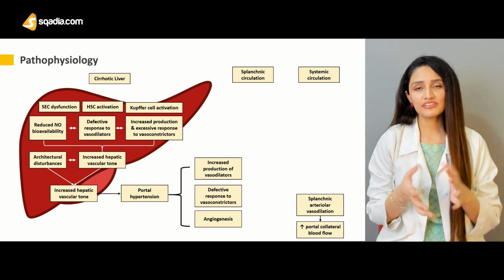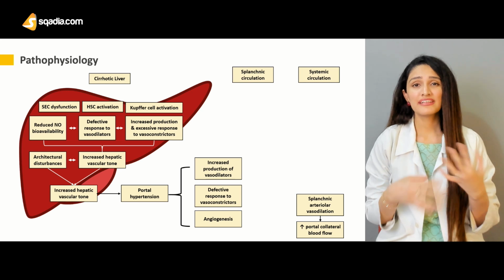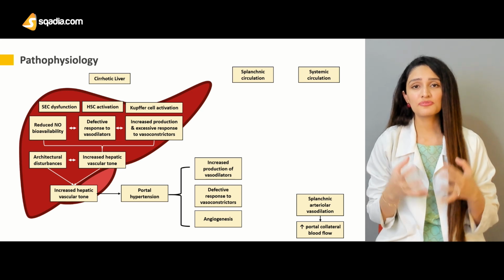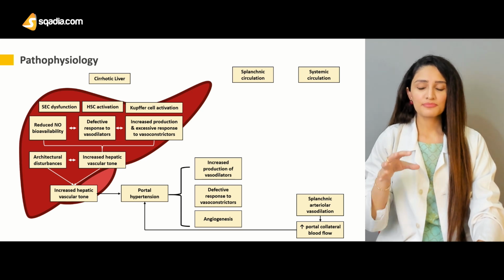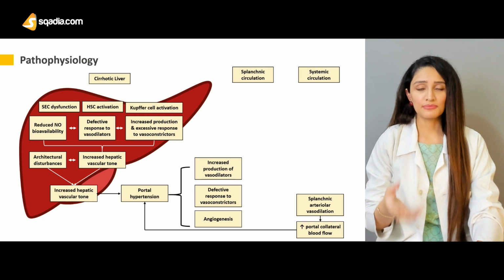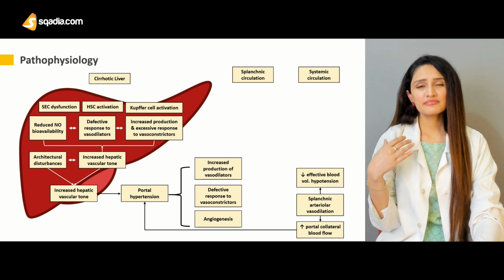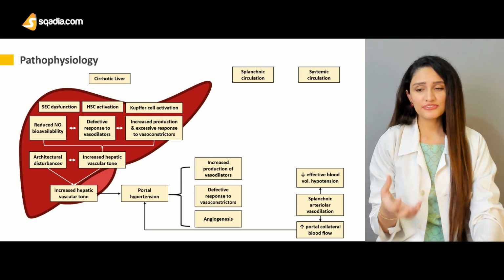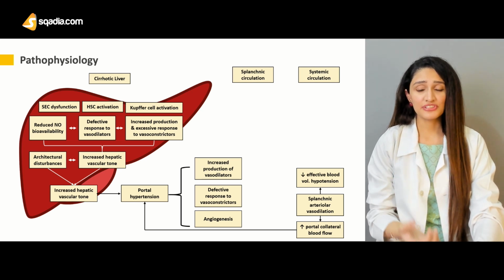The systemic circulation, also known as the collateral circulation, like we mentioned before, has vasodilation occurring within these blood vessels too. The portal collateral blood flow also contributes to the formation of portal hypertension. Arteriolar vasodilation causes a decreased effective blood volume, and hypotension occurs.